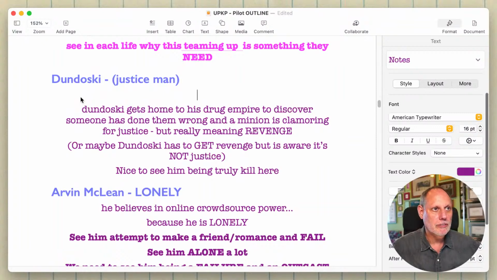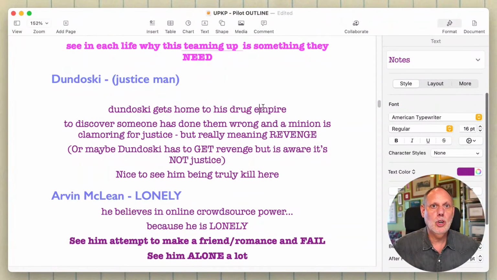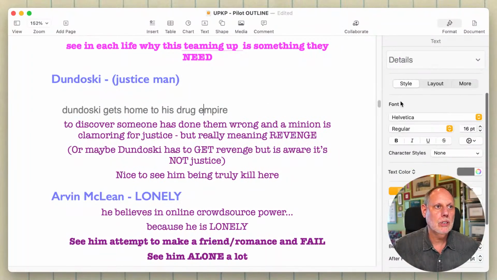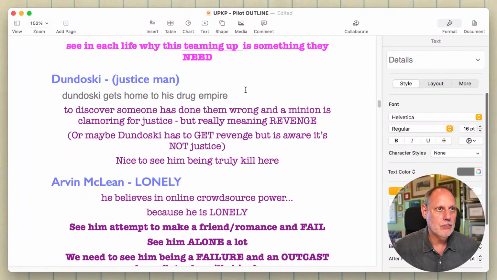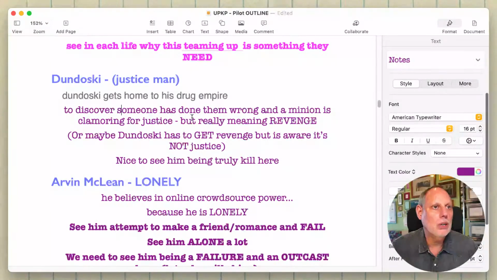So the first thing is Dundosky gets home to his drug empire. That's right. That's the first thing we know. Now, someone has done them wrong.